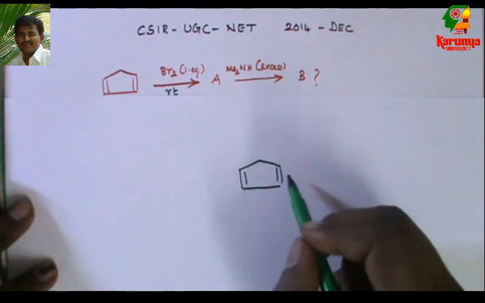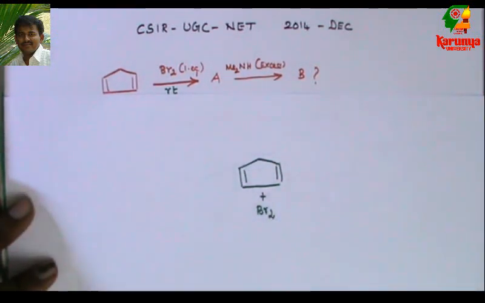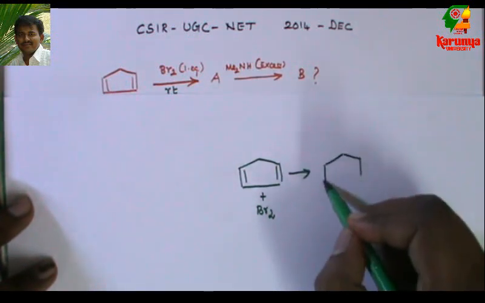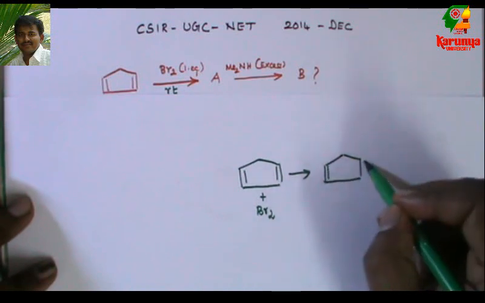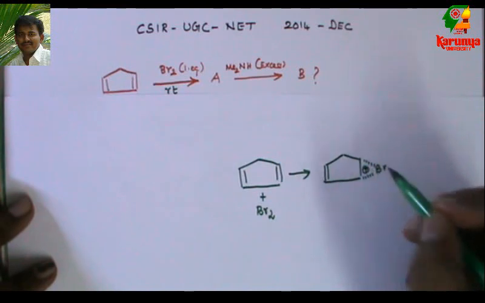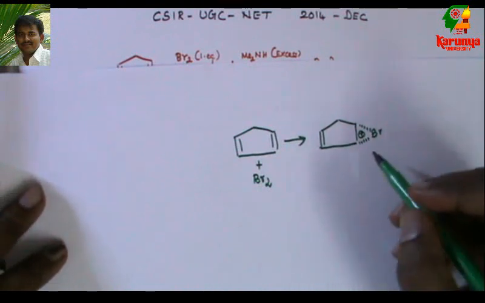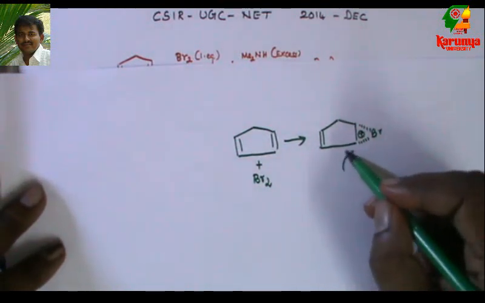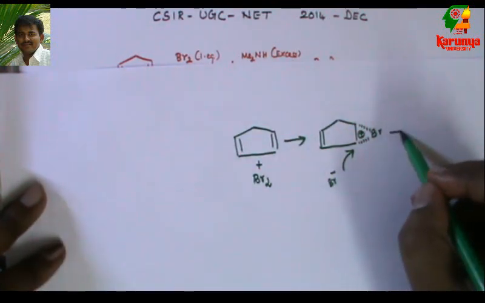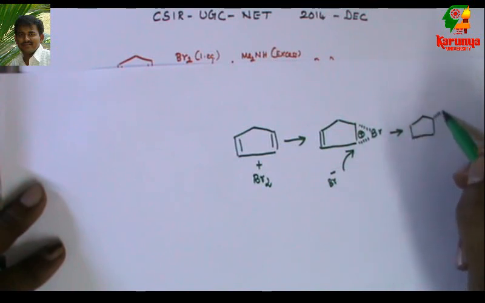When this compound is treated with one equivalent of bromine, it gives bromonium ion. This bromonium ion is opened up by Br minus to give the trans addition product.